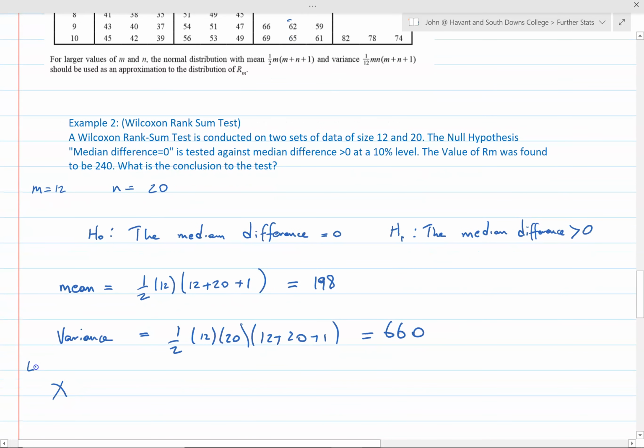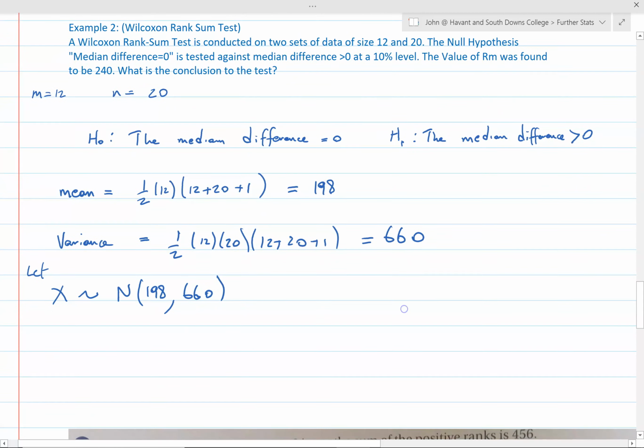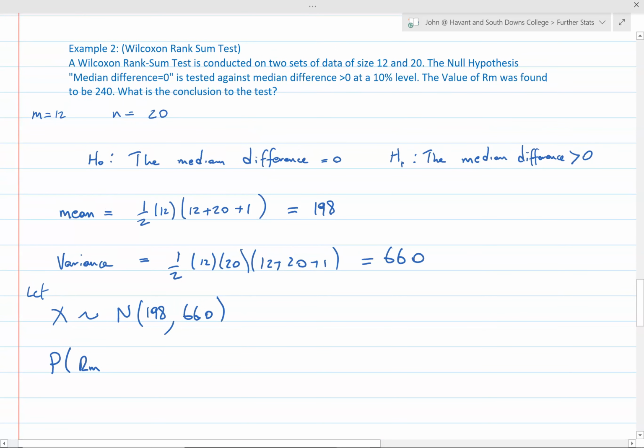So let X be the normal distribution here, which approximates the value of RM, so 198 and 660. Now what we want to find is the probability for our value of RM. Let's draw the sketch of it. The value of RM is 240, which is above the mean.